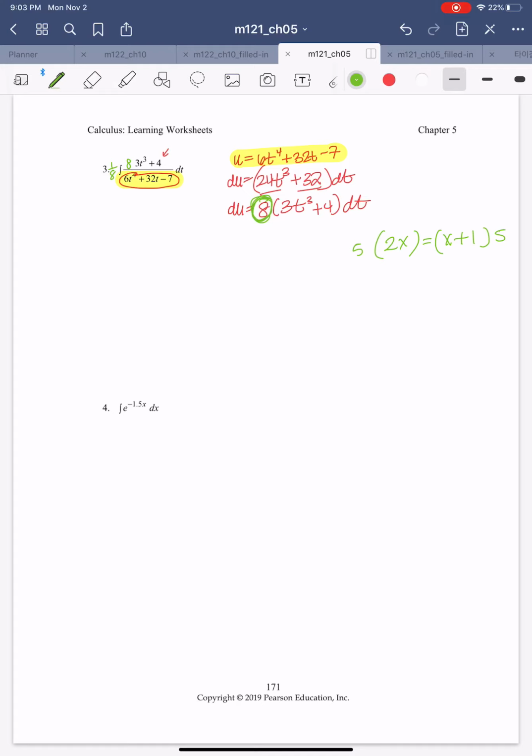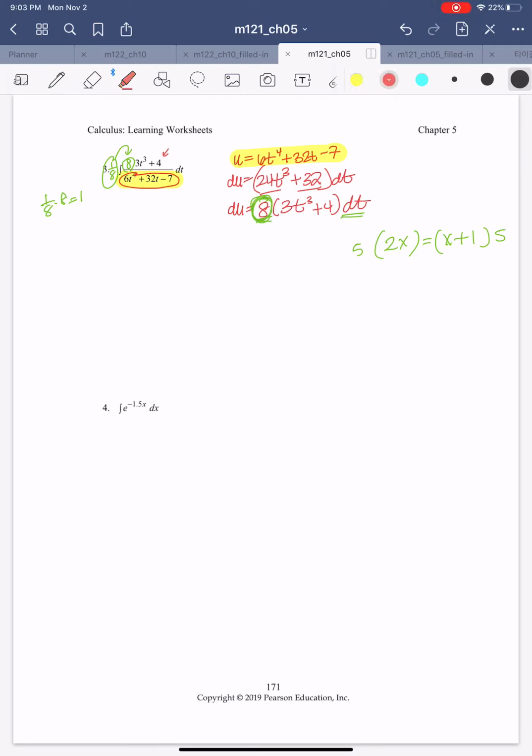Because you know that this 1/8, why did I not put 8? Because you know that this can be pulled back. When you multiply 1/8 with 8, it's really 1. So I'm not changing anything. So I needed an extra 8, so I give an 8 here. So I have to put a 1/8 so that it cancels out. So that's a little bit of a trick that you can apply.